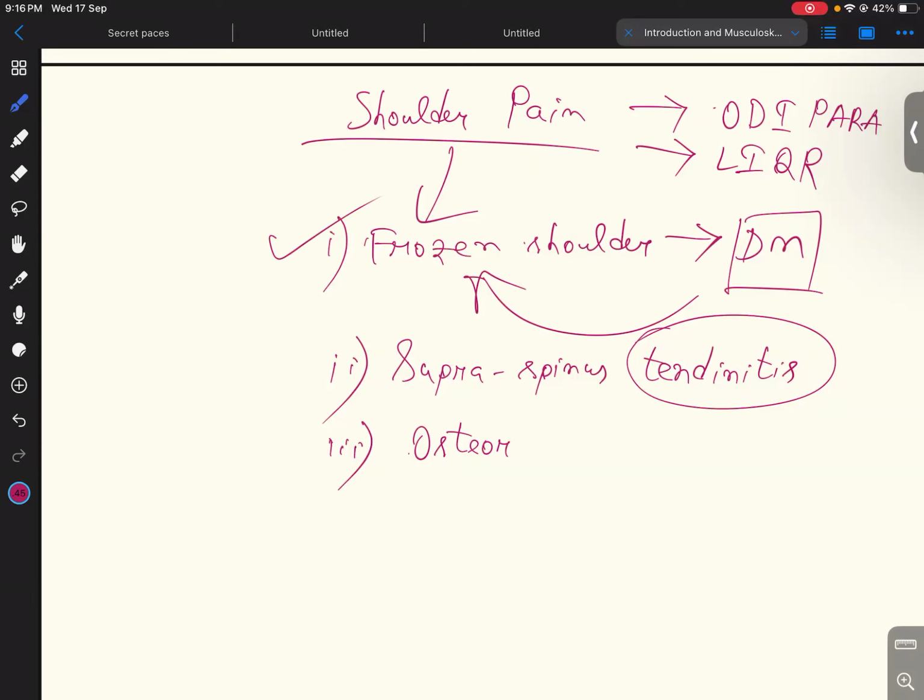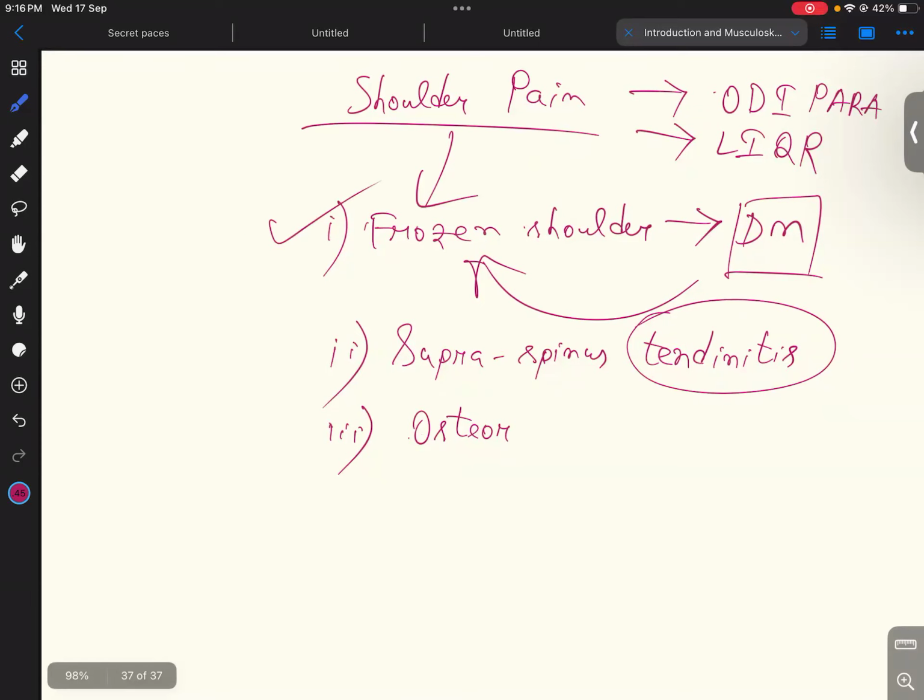In supraspinatus tendinitis, the anterior portion of the tip of the shoulder will be painful, and passive movement will be possible, whereas in frozen shoulder, both active and passive movement will be painful. Whenever telling the differential diagnosis, you have to tell the examiner in this way. Another differential diagnosis is osteoarthritis. So these are the 3 important differential diagnoses for shoulder pain.